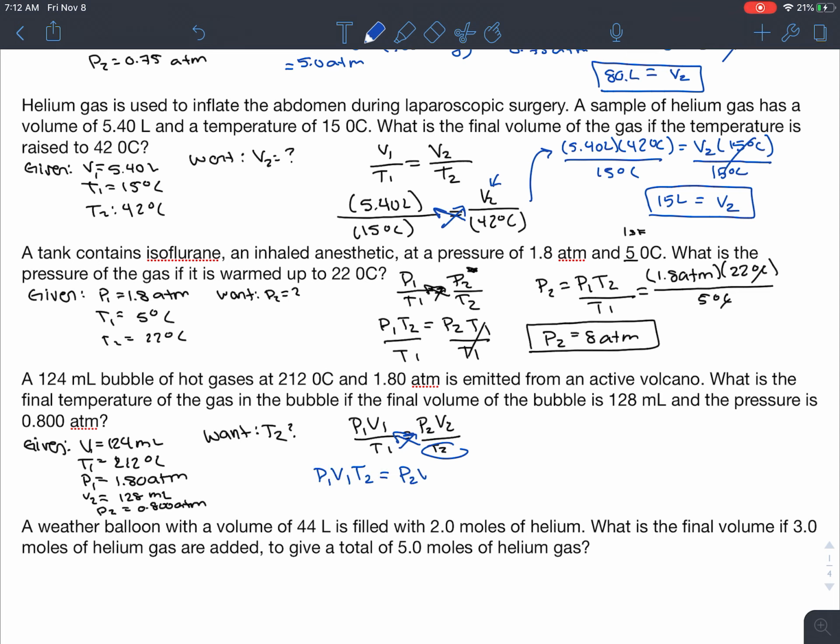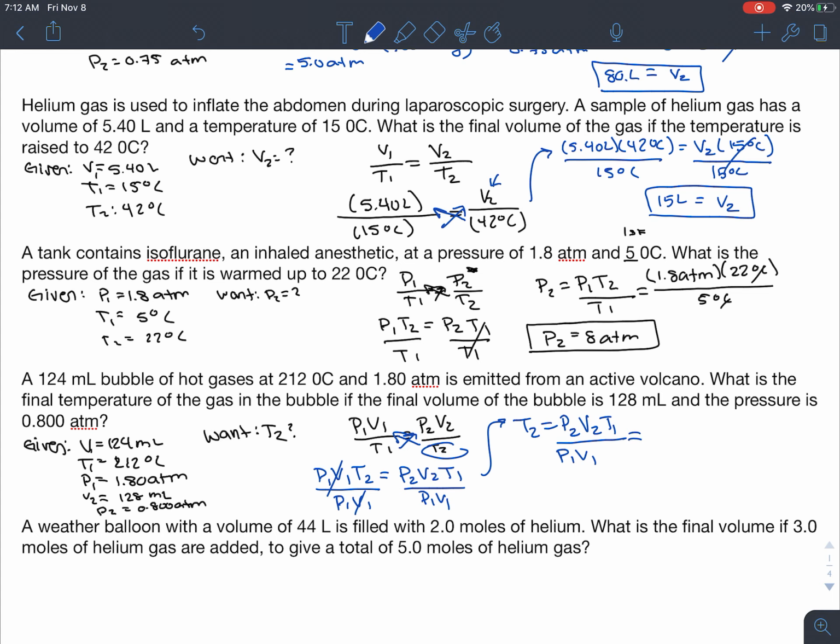So this gives you P1 V1 T2 is equal to P2 V2 T1. You want T2, so you're going to divide both sides by P1 V1, which gets rid of that. And then you come out with T2 is equal to P2 V2 T1 divided by P1 V1. Then you have everything set up.